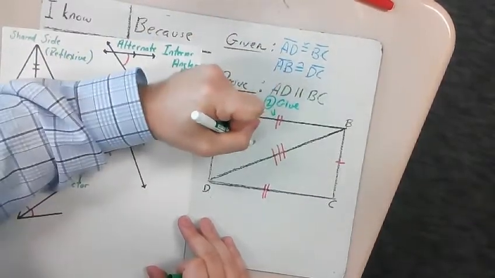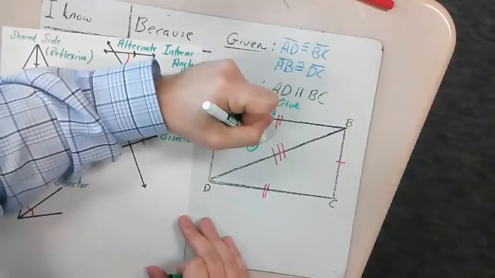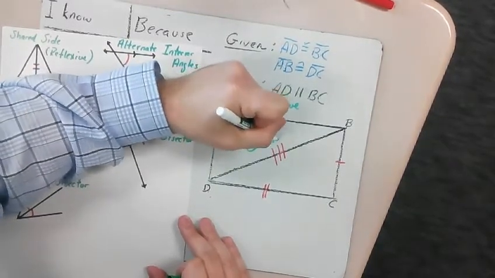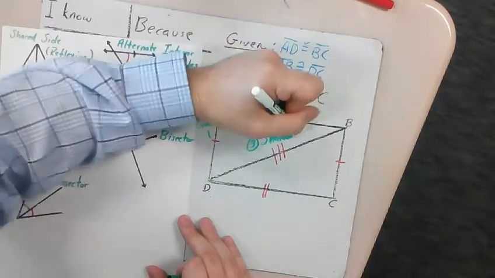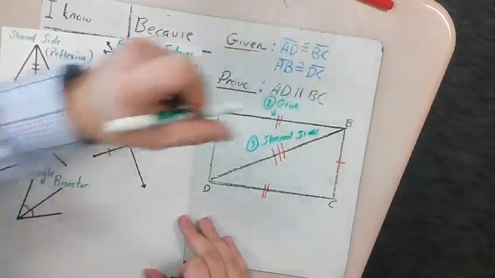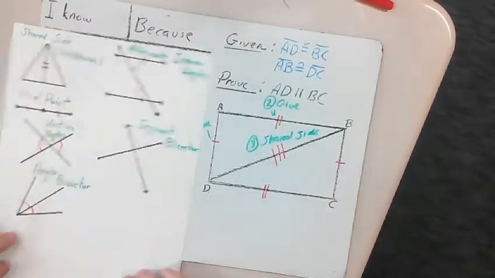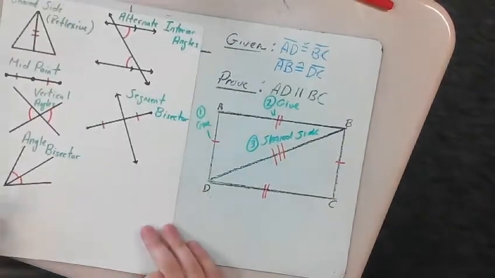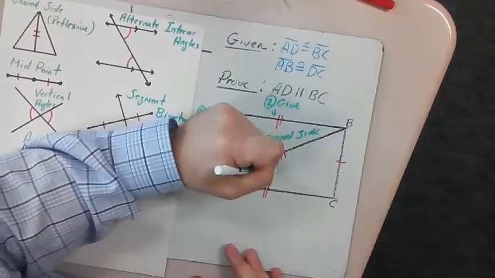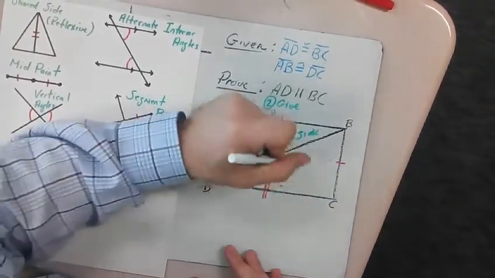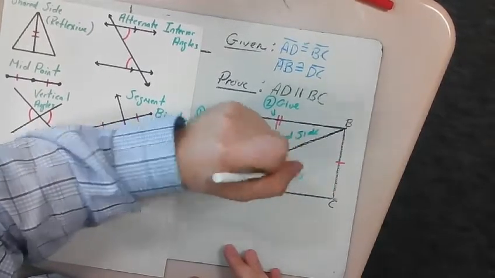Then I'm going to make this line 3, and that is a shared side. Now I could say that my triangles are congruent because of side, side, side.